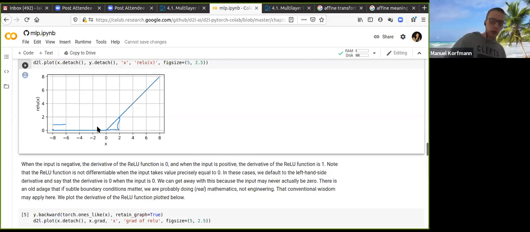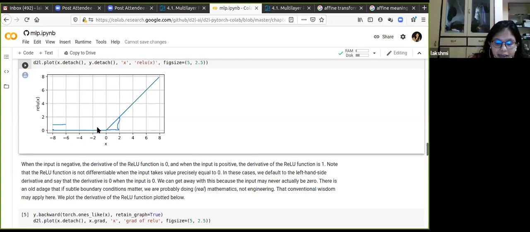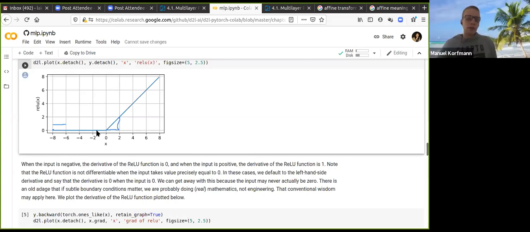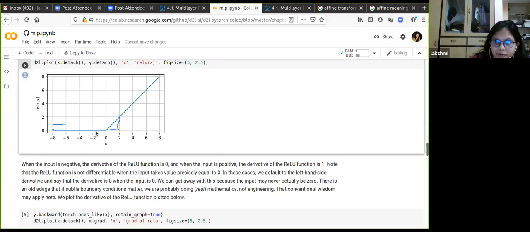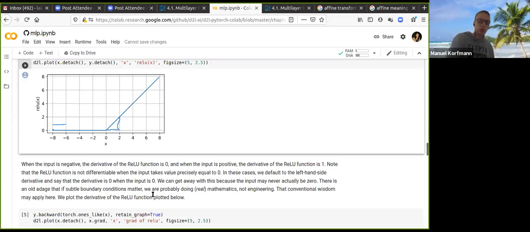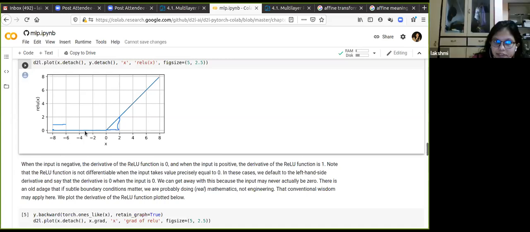Usually the slope will be delta y by delta x, right? Here the delta y is 0. So our derivative will be 0. So it's like a constant function, basically. Yes, it's a constant function. It's always 0. It's not changing in the negative region.